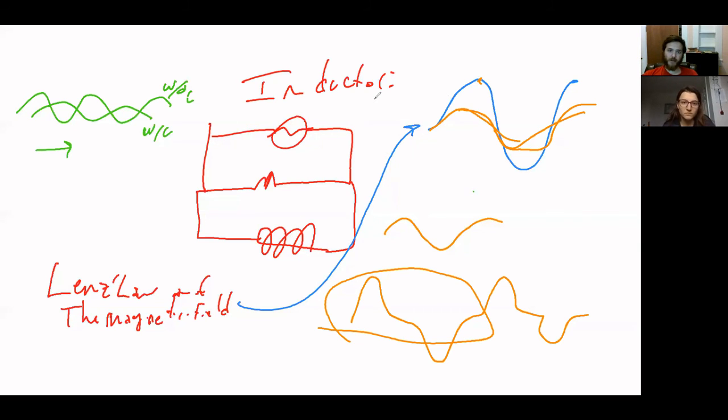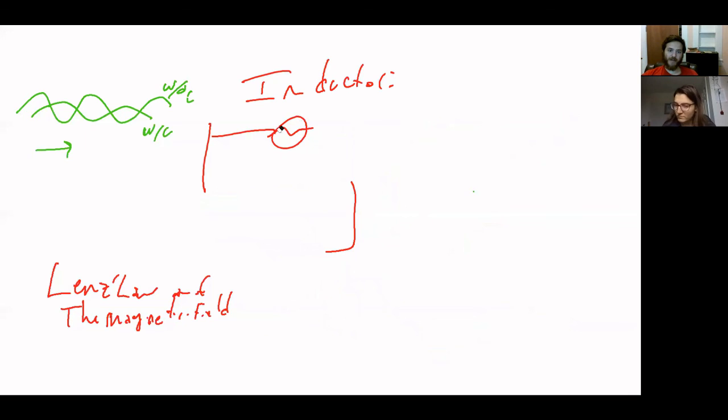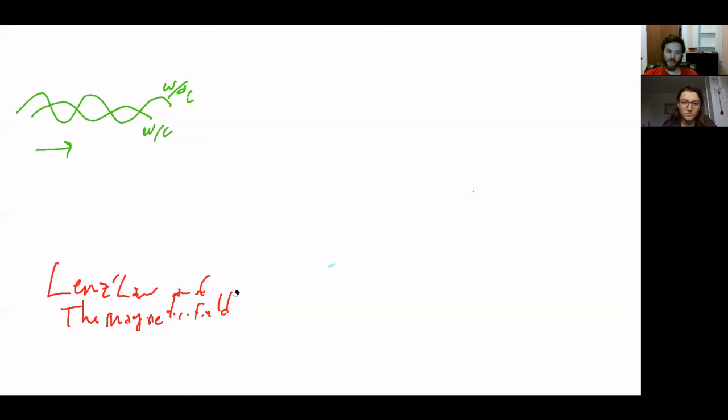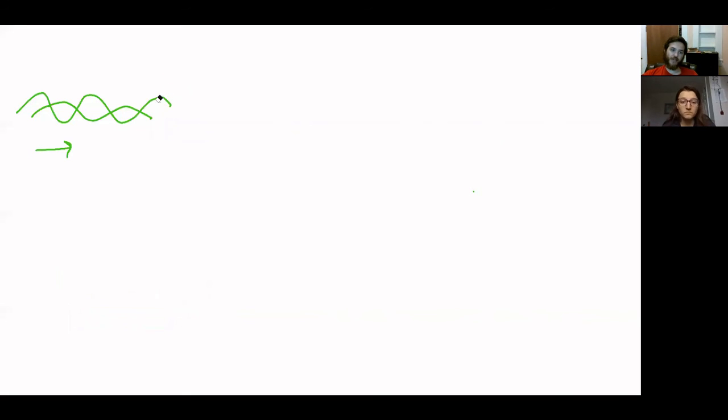Now, I'm going to erase this. The true treatment of inductors requires some pretty basic differential equations. In most cases, it's a linear homogeneous differential equation. It's just saying that the first rate of change is proportional to something like the resistance, the second rate of change is proportional to the capacitance, and the third rate of change is proportional to the inductance.